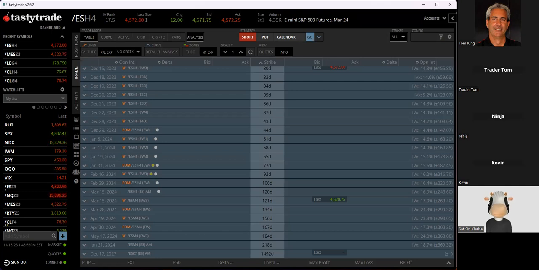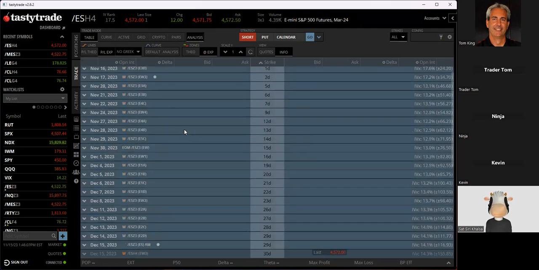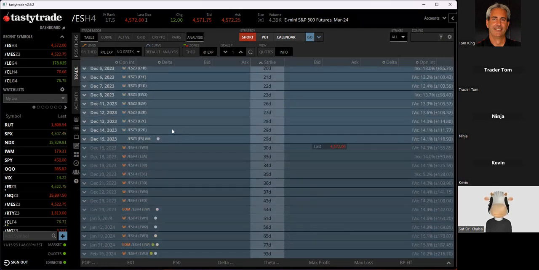Does it take longer to profit with the extra cost in there? It's probably going to slow down the theta, the decay overall. We're going to go to an IRA in a minute. It's going to slow down that decay fractionally. I haven't really tried them long enough to see how much it slows it down, but do you really care?